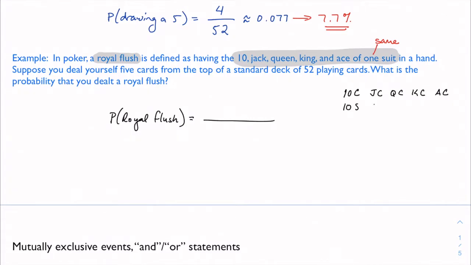I could do this with spades. I could do this with hearts. And I could do this with diamonds. Right? 10 of diamonds, jack of diamonds, queen of diamonds, king of diamonds, ace of diamonds. So there are 4 possible royal flushes.